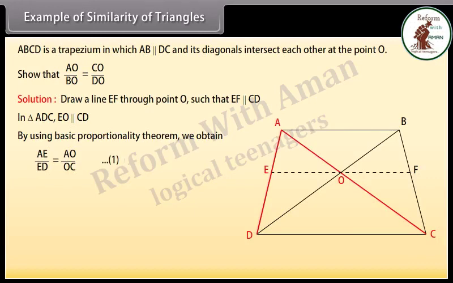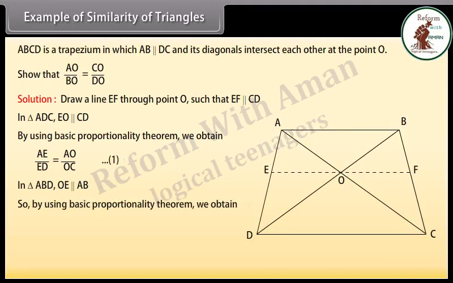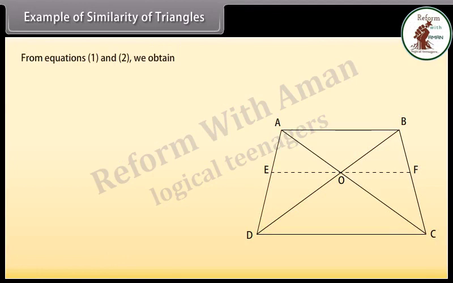Mark it as 1. In triangle ABD, OE is parallel to AB. So, we obtain ED/AE = OD/BO, which implies AE/ED = BO/OD. Mark it as 2. From equations 1 and 2, we obtain AO/OC = BO/OD, which implies AO/BO = OC/OD.